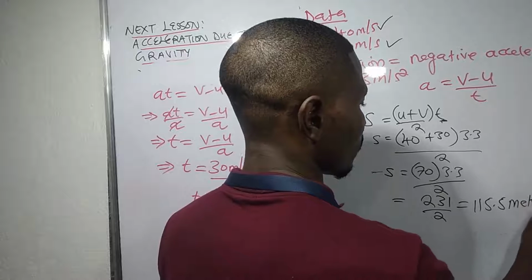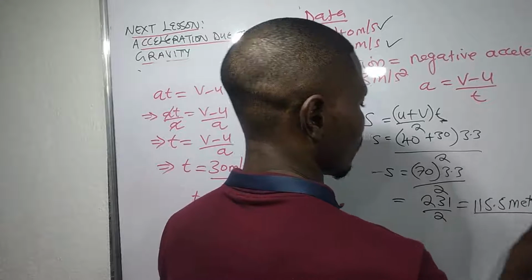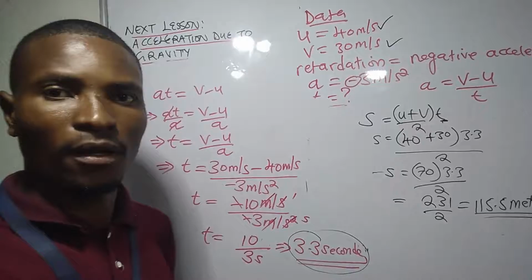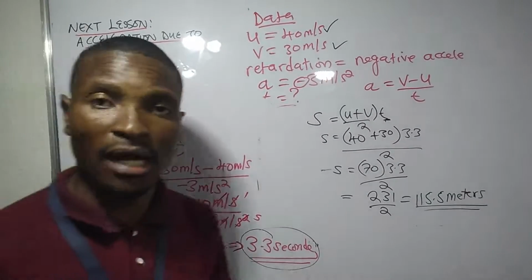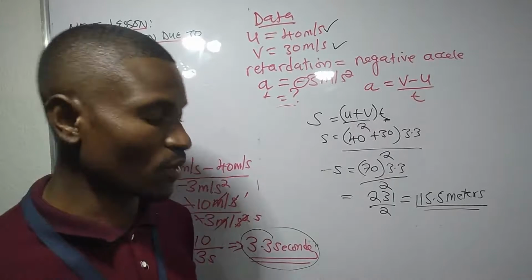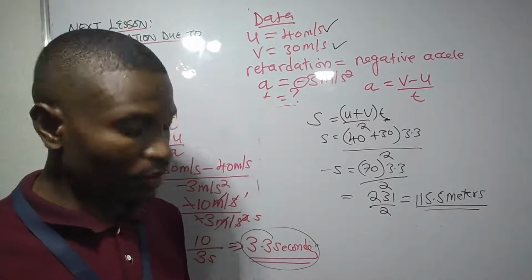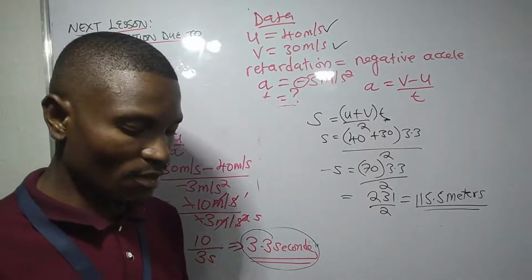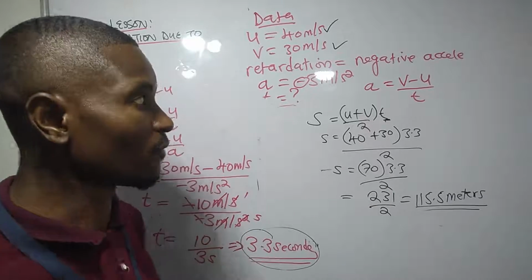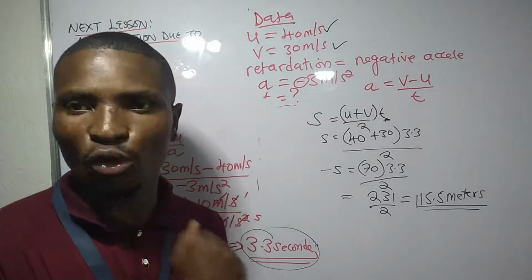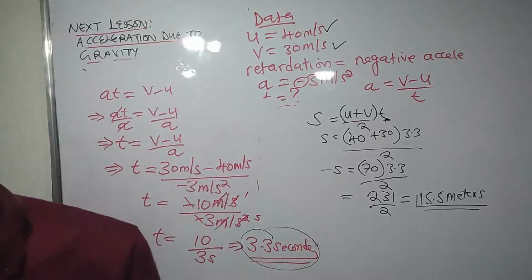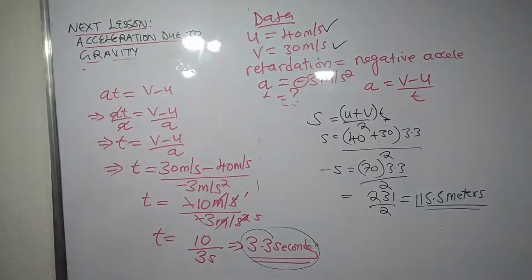Okay, so that's the answer. That's how far the object was retarding, or the distance the object moved in the period of retardation. Or if you don't want to use that formula, you can also use this other formula that I will show you in a minute.